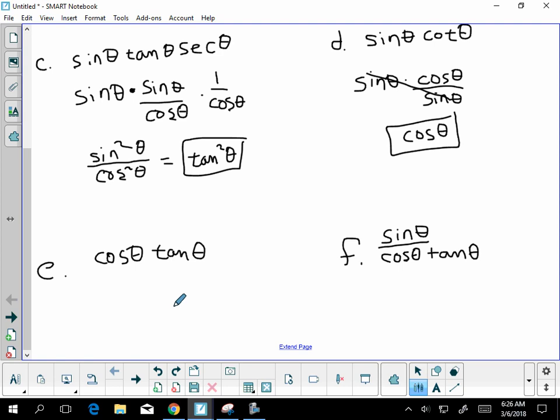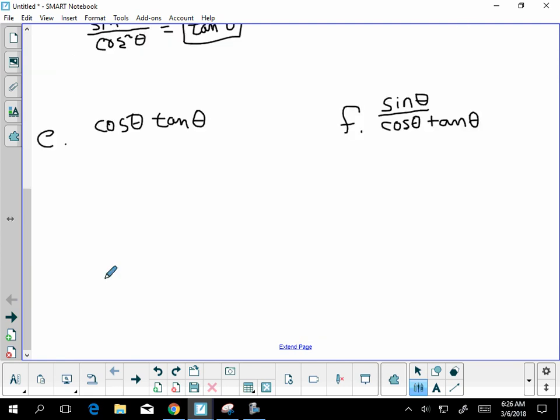E, cosine times tangent. It's going to be the same problem as really the last one. Cosine times sine over cosine. The cosines cancel, and you're left with sine theta.